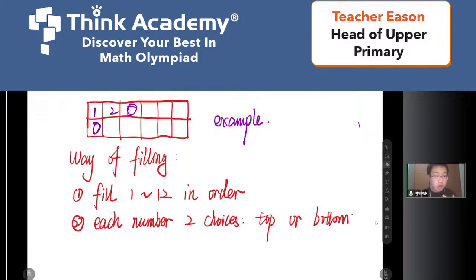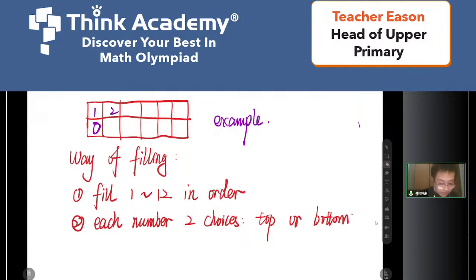We can only choose the row. We cannot choose the column because we must write this number in the most left column. There are no other choices. So that's why I say when we fill in a number, we only have 2 choices. We either write it on the top or the bottom. We cannot choose the column.